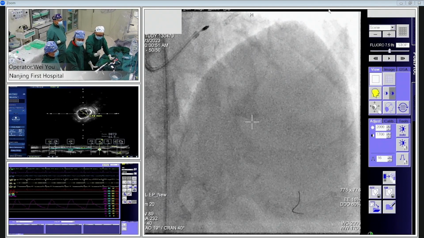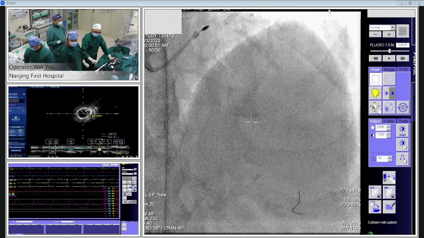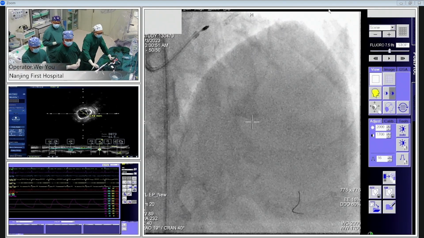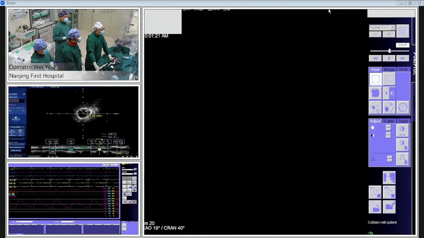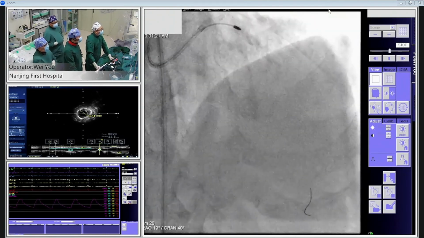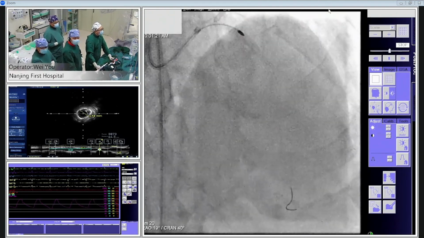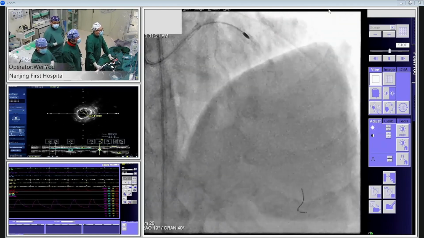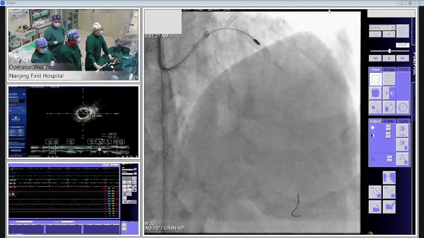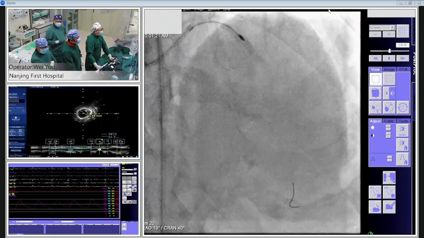Dr. Pan, is it in high speed mode? Yeah, high speed mode. Okay, we will perform the first run. 160,000. We just gently touch the lesion.